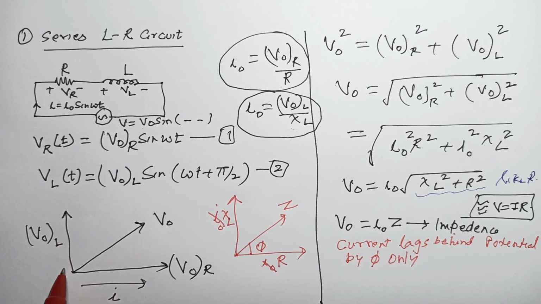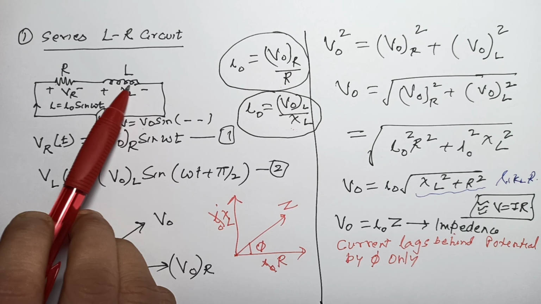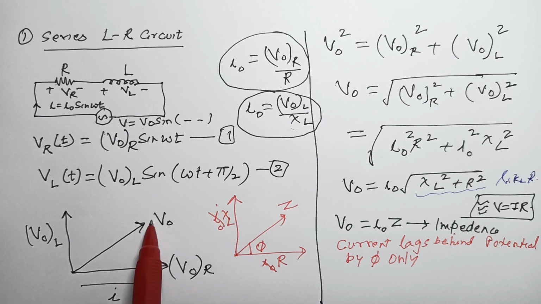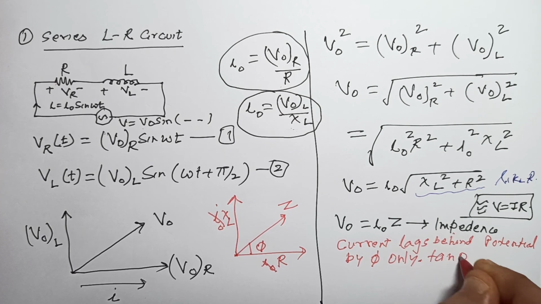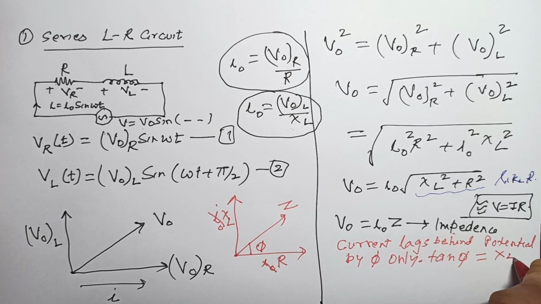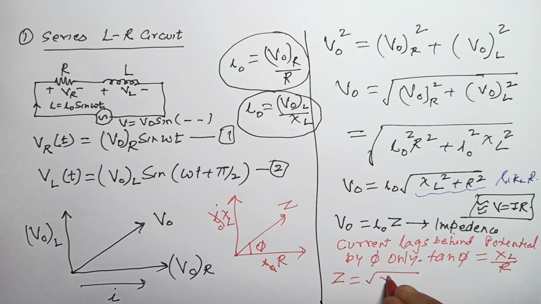See, earlier the angle was 90 degrees, but what happened was this tried to keep the same, while here there was a lag of 90 degrees. So the resultant was somewhere in between, and in between we are assuming the angle is phi. Current lags behind potential by only phi. Here tan phi, as you can see by simple geometry, is XL by R, and Z is the square root of XL square plus R square.